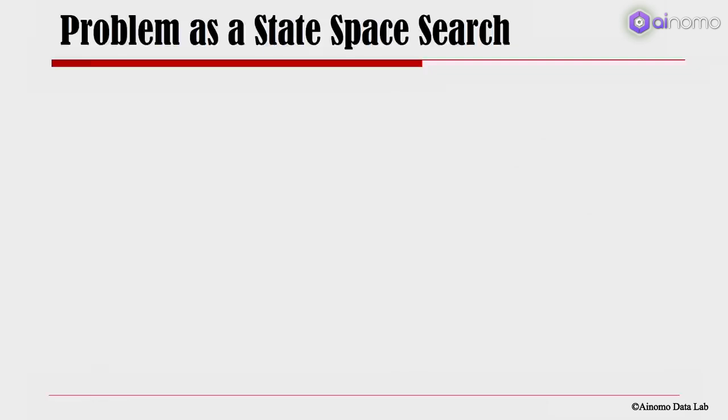So we are now in a position to state what we started our lecture with, that we want to do problem solving as search. But before that, we need to understand what we mean by problems as a state space search.